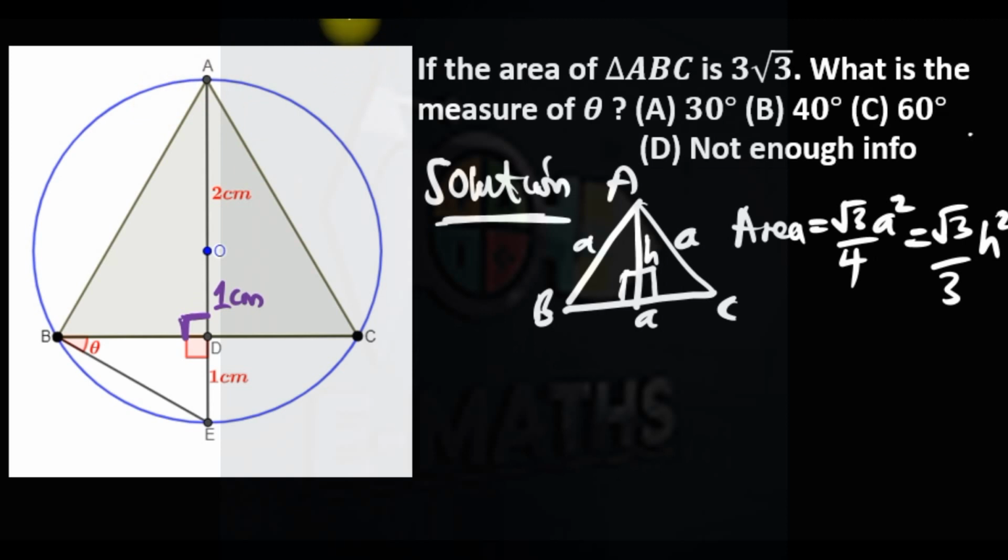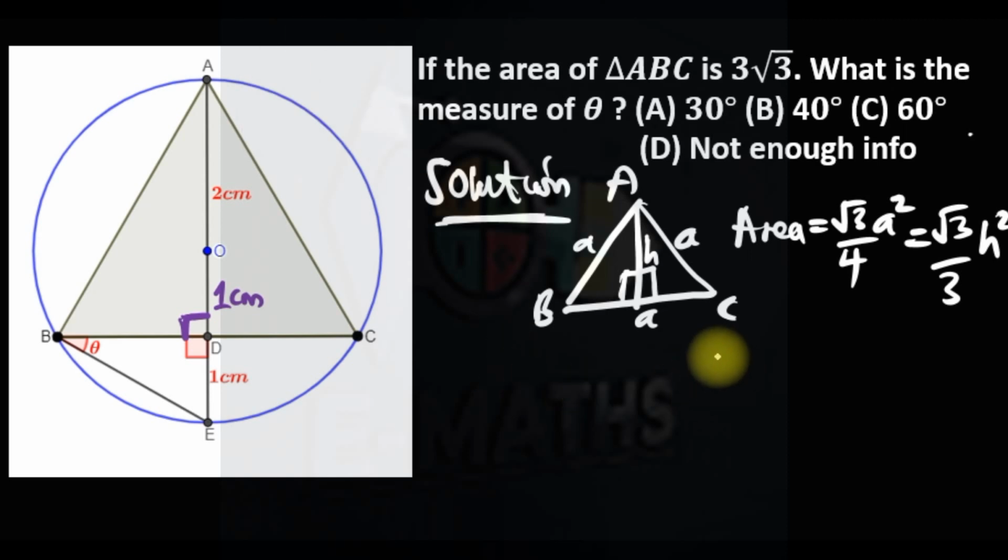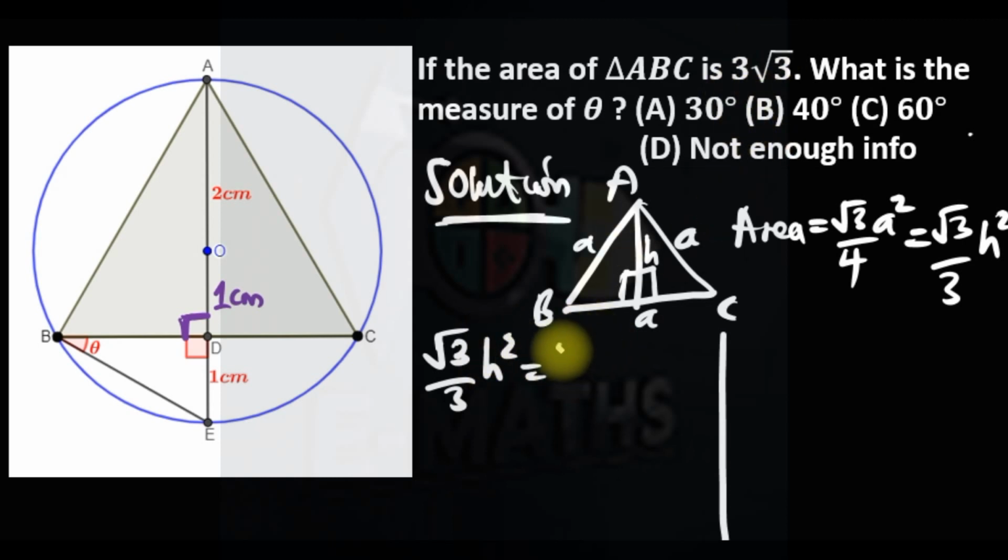So let's now check if this is an equilateral triangle, because they did not say it, but they just gave the area. We use this formula to get the height. If the height corresponds to this, it shows that it's an equilateral triangle. So root 3 over 3 H squared is equal to 3 root 3.